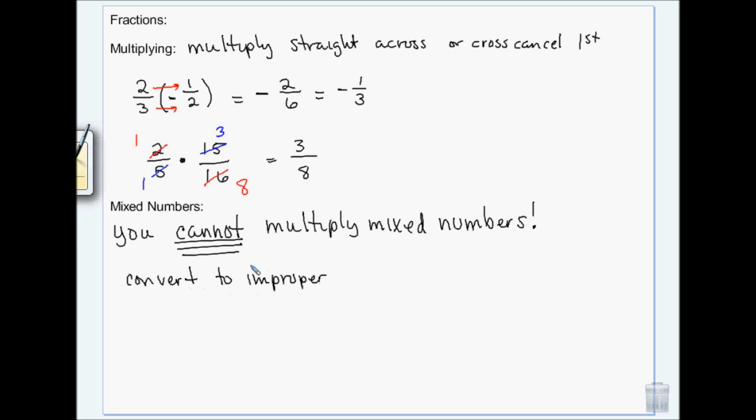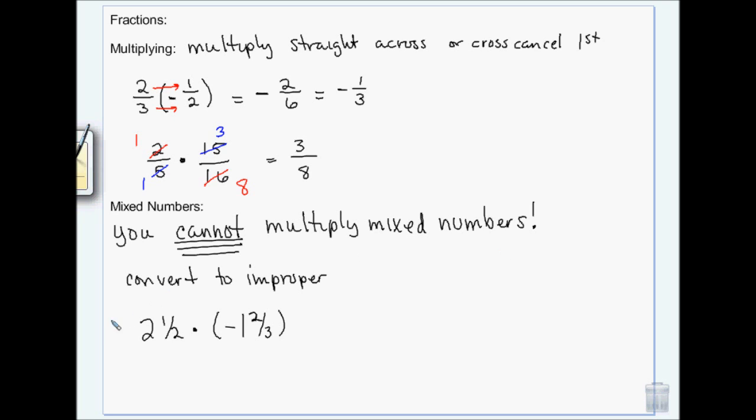Okay, so if I want to multiply 2 1/2 times negative 1 2/3, I need to convert these to improper fractions before I can multiply them.